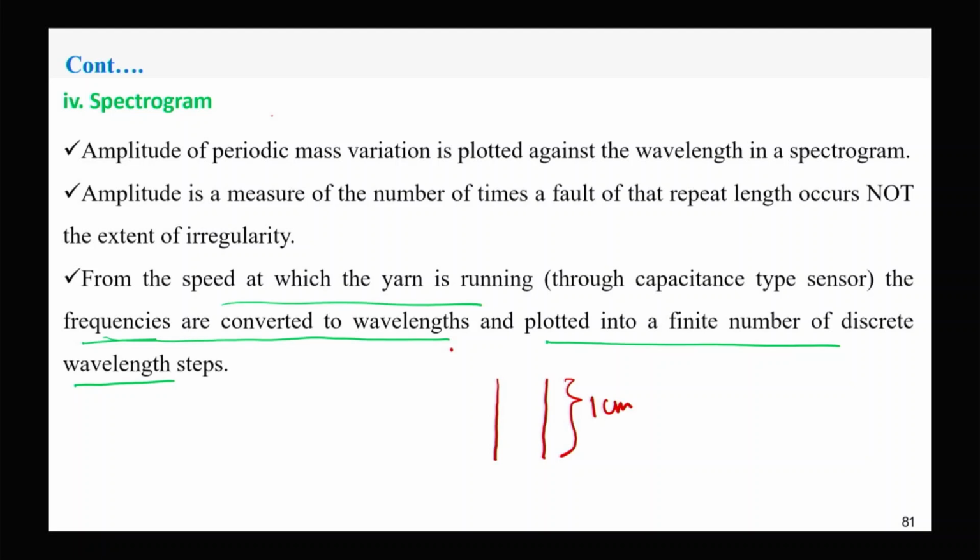Imagine one yarn with a periodic variability of 1 millimeter only. Within this zone there will be 10 waves of 1 millimeter wavelength, so it will not be able to sense.